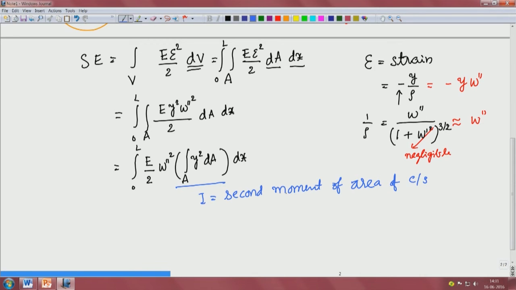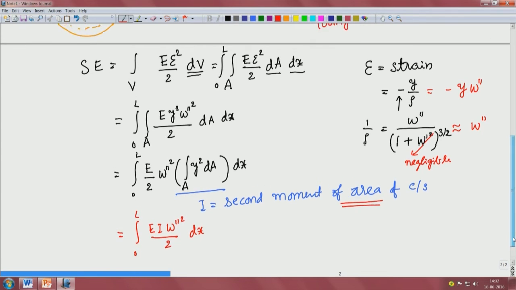Sometimes it is called moment of inertia, that is actually incorrect, because there is no mass associated with this, it is purely a geometric property. So, calling it second moment of area is appropriate. If you had learnt it as inertia, change it to call it second moment of area and not inertia. So, this gives us integral 0 to L E I, I will call this I now, w double prime square by 2 dx.